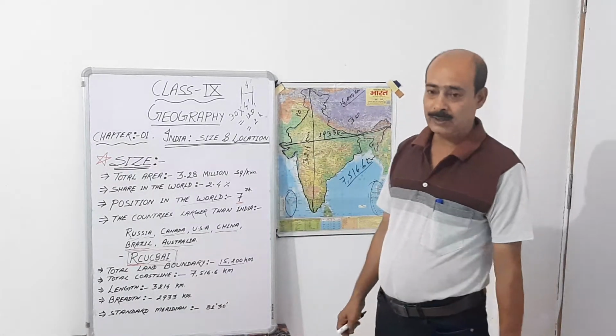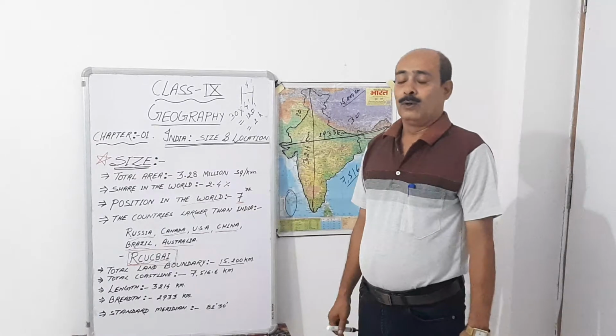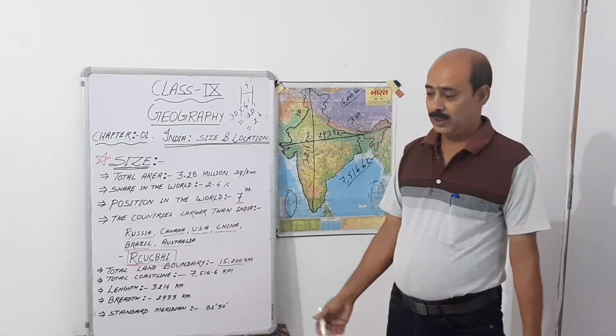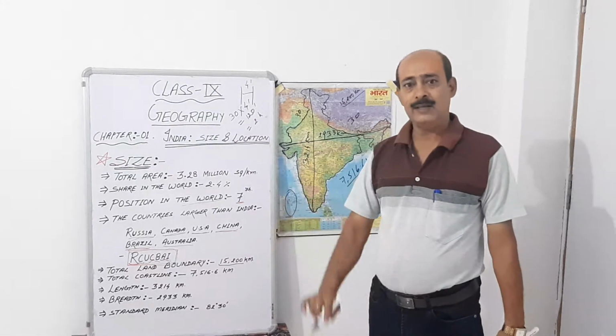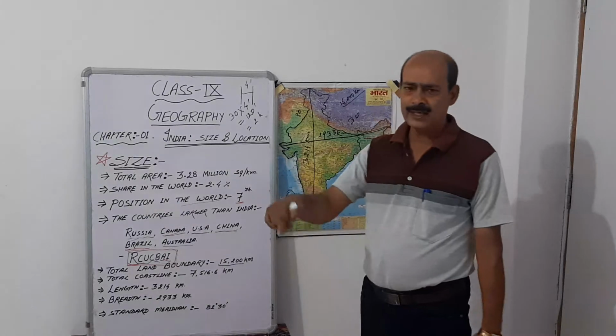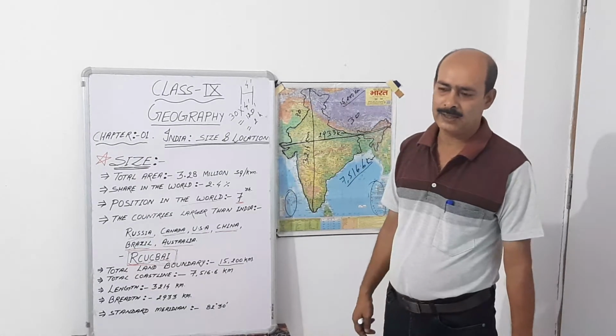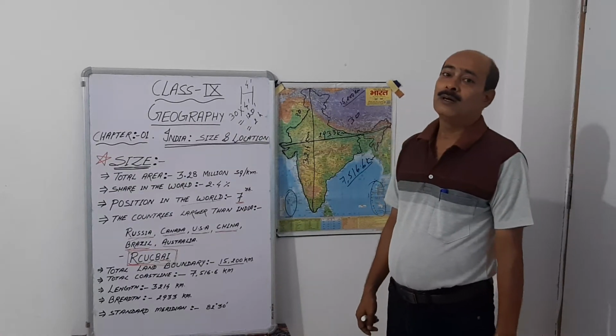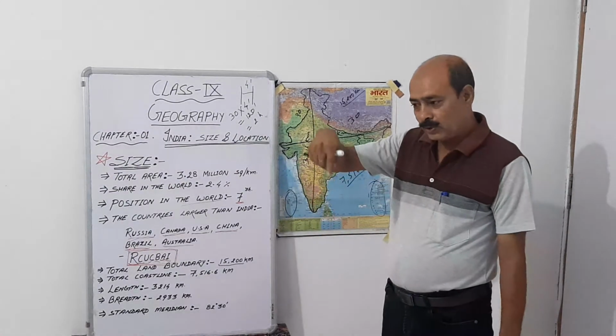Your question may be, why is time ahead in the eastern side? Because sunrise is available in the east first. Then why is sunrise first in the east? It depends on the rotation of the earth.